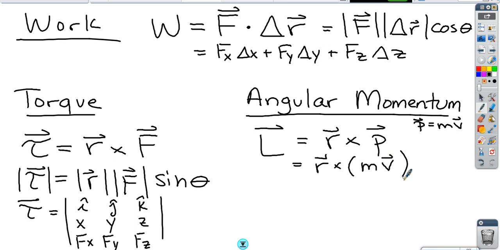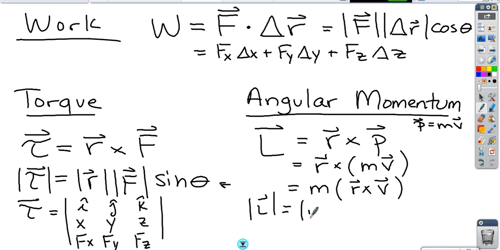Now m is just a scalar and it's not changing, so in most cases you could do m and then r cross v. If m was changing, then it gets a little bit more complicated, but that's one way of doing it. You could use sort of this method to find the magnitude of L.